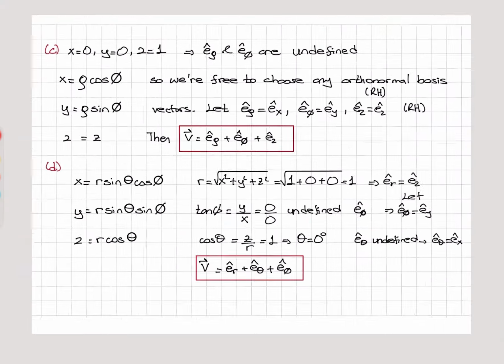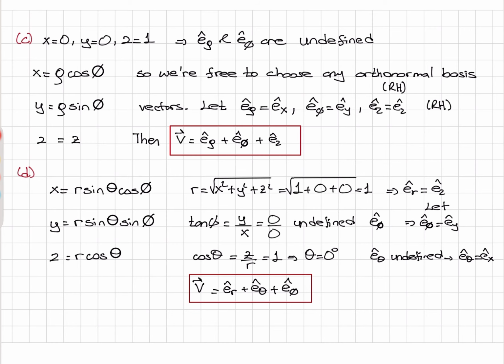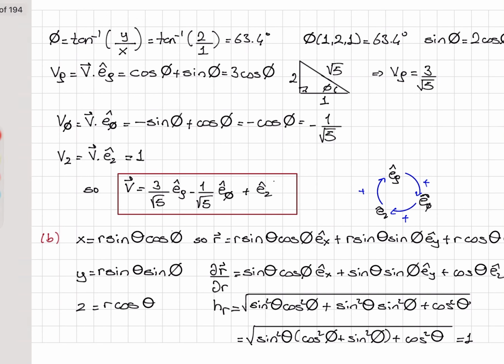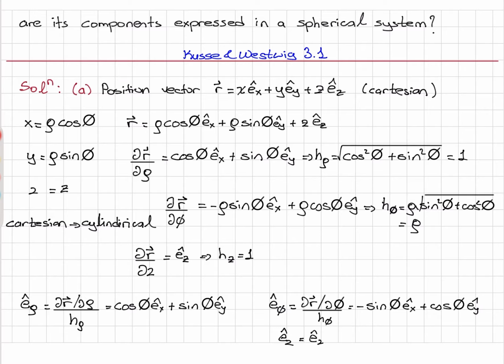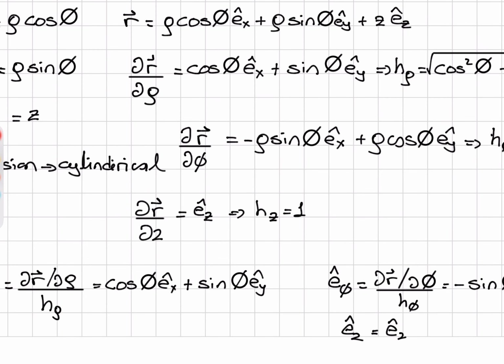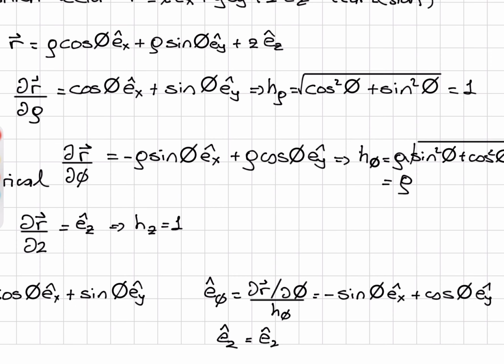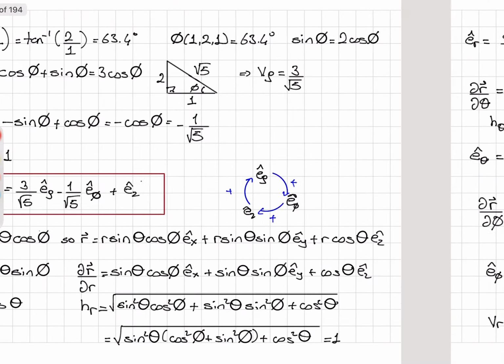So with that, if I go back to my exercise in part A, I have found that e rho hat is cosine phi ex hat plus sine phi ey hat. Phi is undefined, so e rho hat is undefined. e phi hat is minus sine phi ex hat plus cosine phi ey hat. Phi is undefined, e phi hat is undefined, but ez hat is defined.